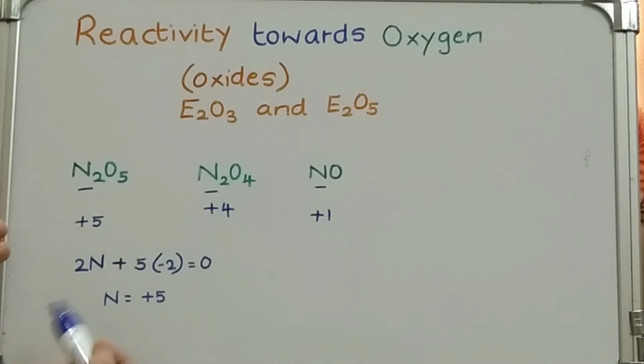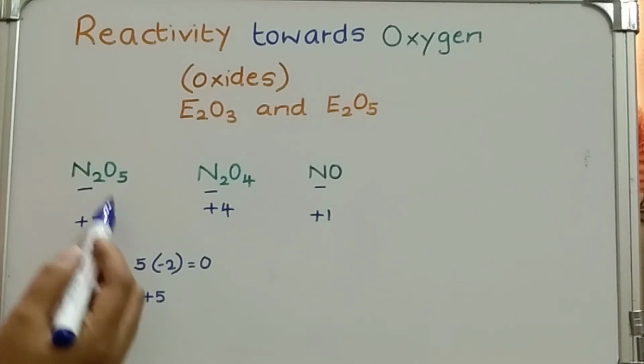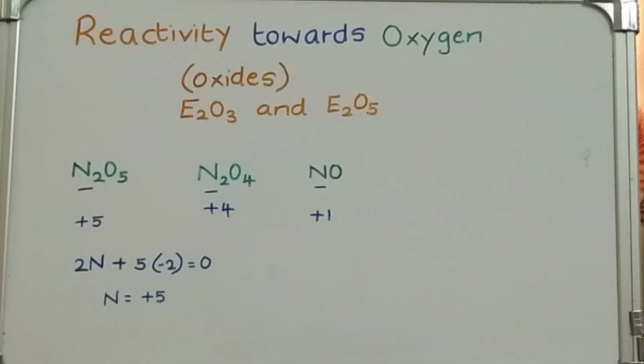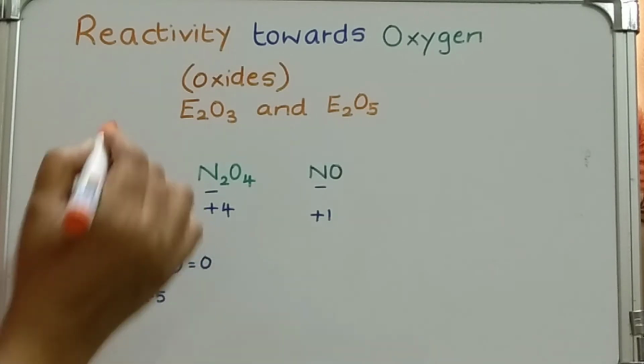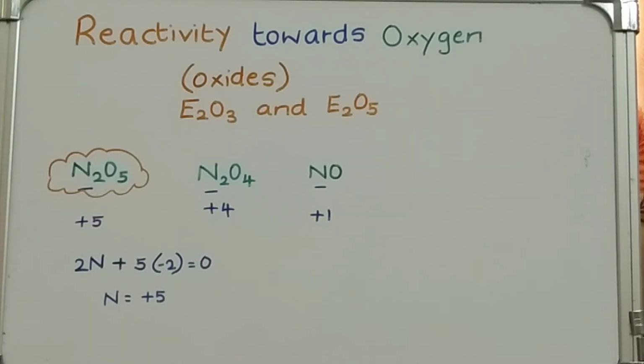Out of these three, the oxidation state of nitrogen in N2O5 is the highest. Therefore N2O5 is the strong acid. Hope it is clear to you, right?